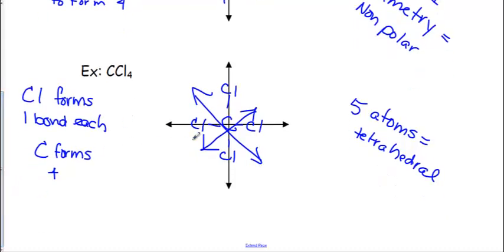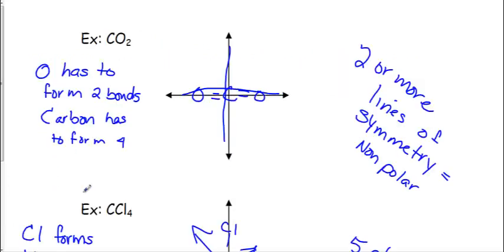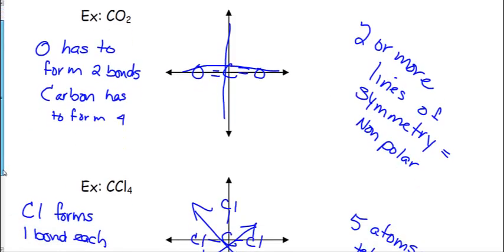All right, so there's different ways that you can tell if a molecule is polar or nonpolar besides looking at the electronegativity values. So here's another way. Remember when I said that the electronegativity difference can show that the bonds are polar yet the molecule is nonpolar. So we need to be aware of that. There are often polar bonds inside nonpolar molecules, so we're going to look back at those previous two examples. Okay, CO2 and CCl4.